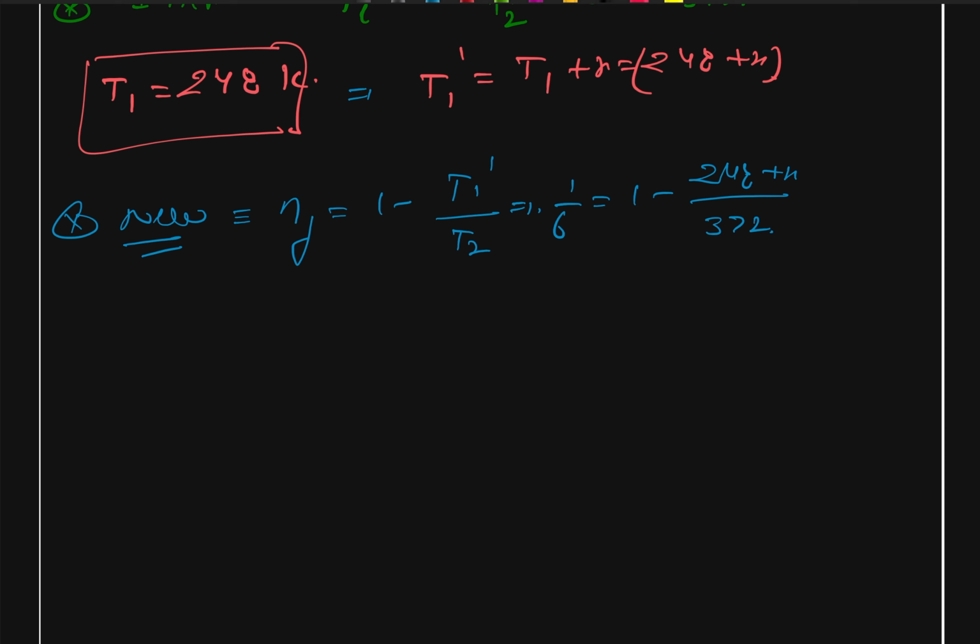So 248 plus x divided by 372 will be equal to 1 minus 1 by 6, which is 5 by 6.